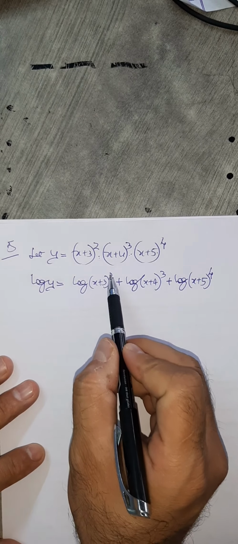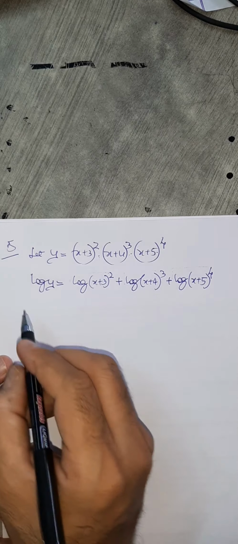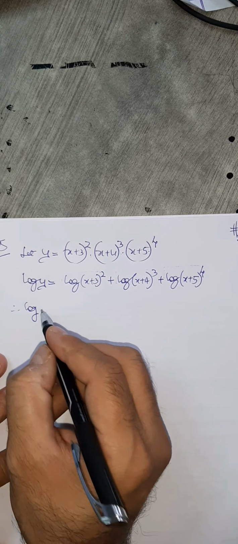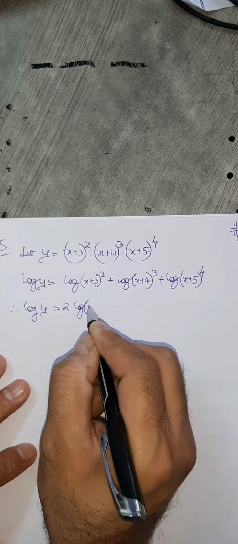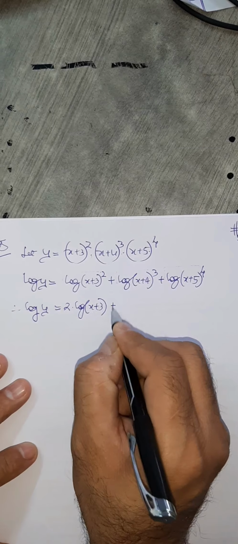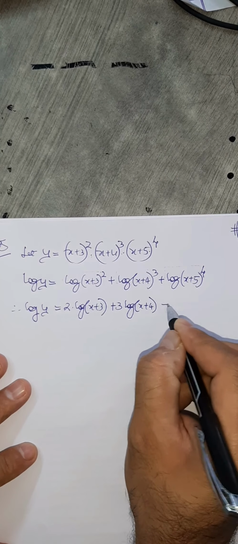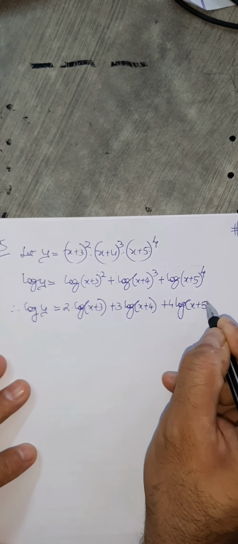Then what's the next step? You bring the powers in front as products. So the next step is, therefore, log y equals 2 into log of (x plus 3) plus 3 into log of (x plus 4) plus 4 into log of (x plus 5).